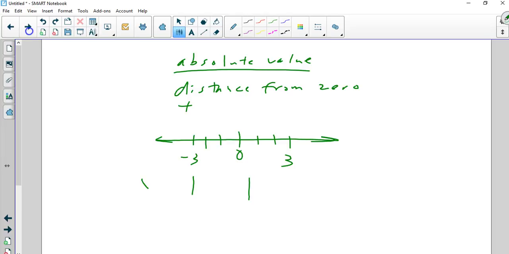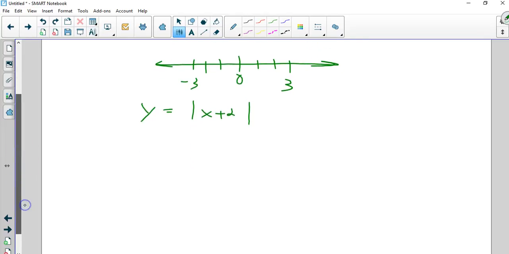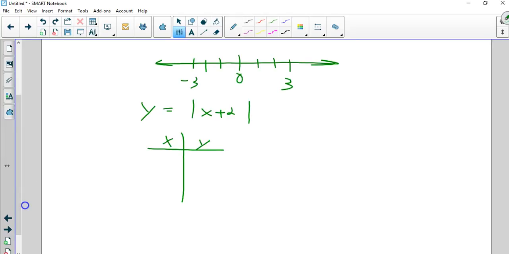So if I have something like y equals the absolute value of x plus 2, and I'm given some numbers, or I make up my own numbers to graph this, plug them in. What you do is you plug in the negative 1, and you do y equals the absolute value of negative 1 plus 2.